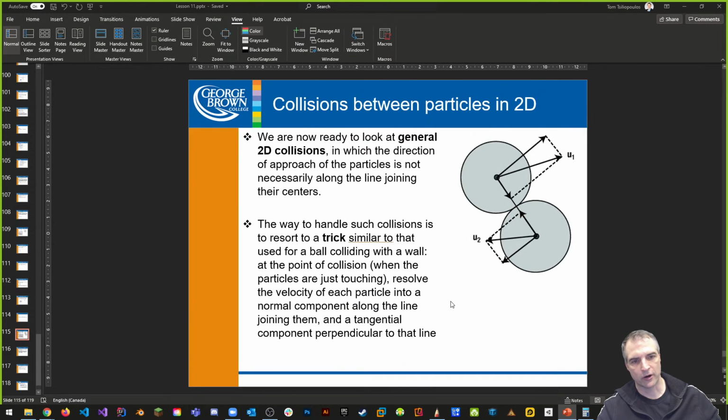But what happens when particles collide in 2D, as an example? If particles collide in 2D, then we need to do the repositioning twice. Okay, and this goes back similar to that of a ball colliding with a wall at a point of collision. We have to reposition the particles back along that wall. But because they're moving, the great thing is we can assume that the particles are actually bits of wall across the x-axis and the y-axis.